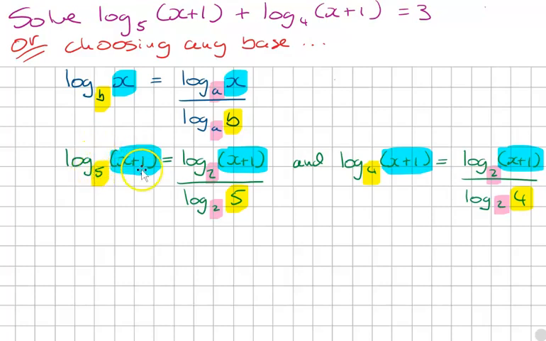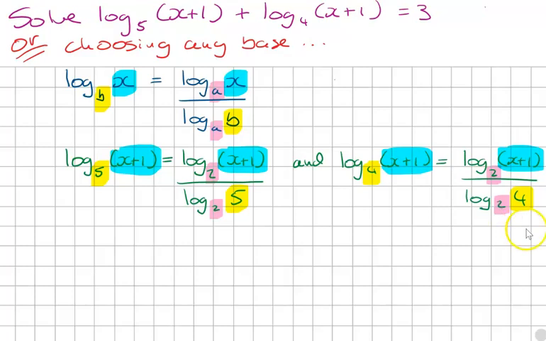So log base 5 of x plus 1, which is our first log, becomes log base 2 of x plus 1 over log base 2 of 5. I'm just picking a random number. And then log base 4 of x plus 1 becomes log base 2 of x plus 1 all over log base 2 of 4.